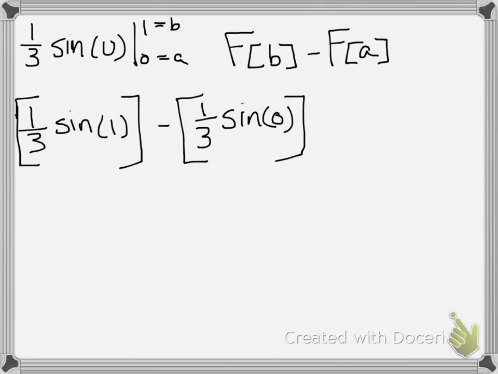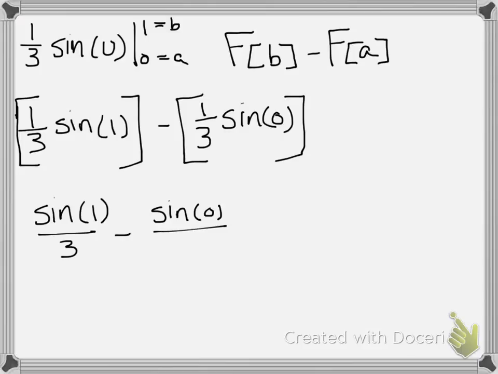Then we're just going to have sine of 1 over 3 minus sine of 0 over 3. If you remember from trig, sine of 0 is just 0, and whenever you have 0 over anything, the whole thing is going to be 0.